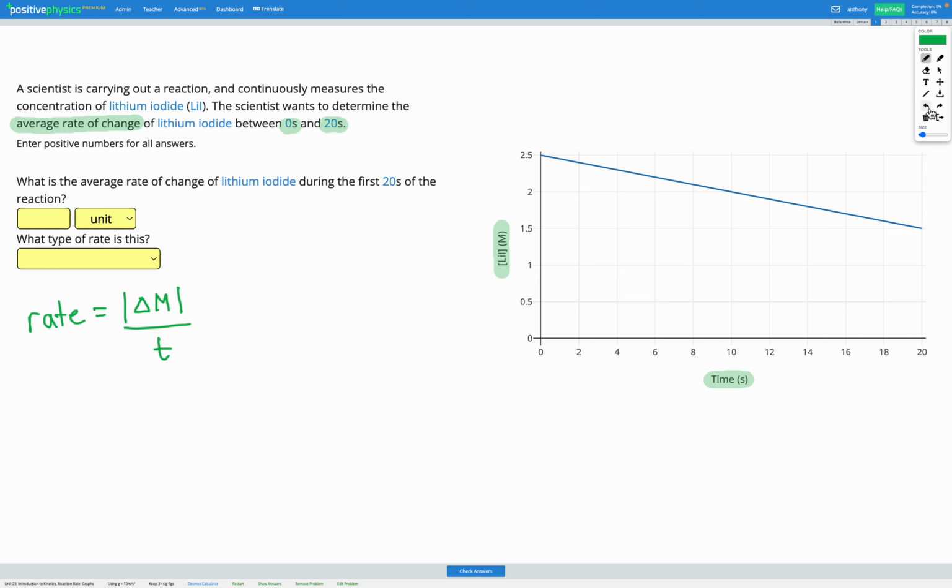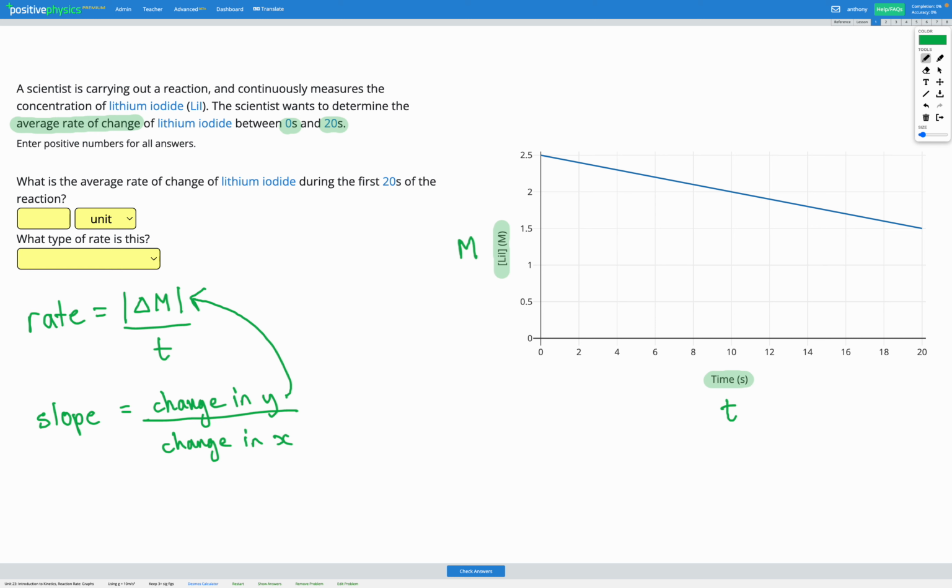However, because on the y-axis of our graph we have molarity, and on the x-axis we have time, if we were to find the slope of our graph, which would be the change in the y-axis divided by the change in the x-axis, change in y would be the change in the molarity, which would be this.